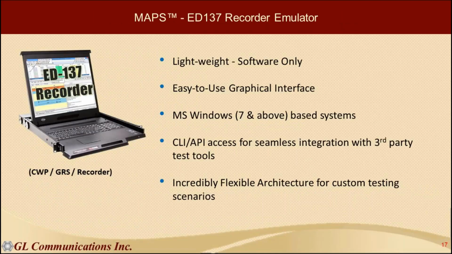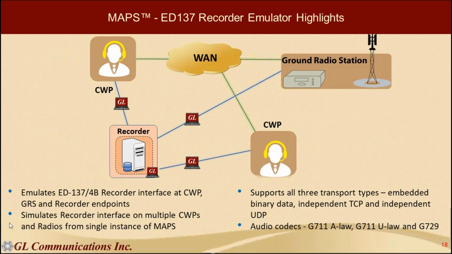So the next one is the MAPS ED137 recorder emulator. Okay, it has similar specifications as the radio and telephone emulators. This image shows the recorder interface being emulated by the MAPS ED137 recorder at different nodes like CWP, GRS, and the recorder itself.